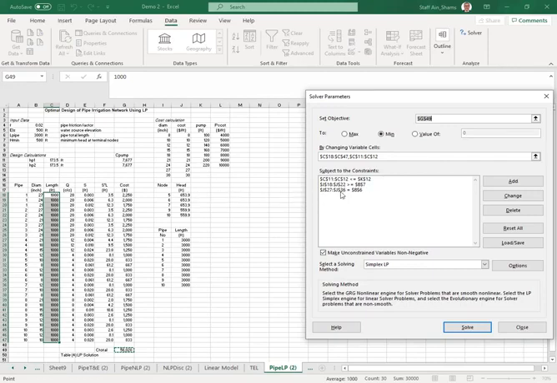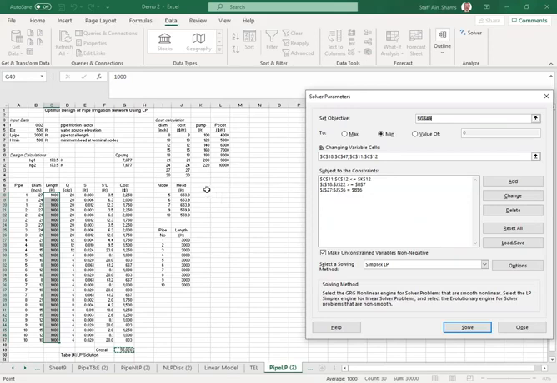We don't need a velocity constraint because the choice of candidate diameter satisfies these constraints automatically. But we add another constraint to make sure that the sum of the candidate lengths or the pipe segments has to be equal to 3,000 foot.